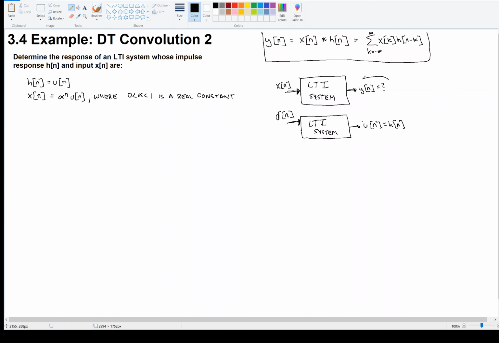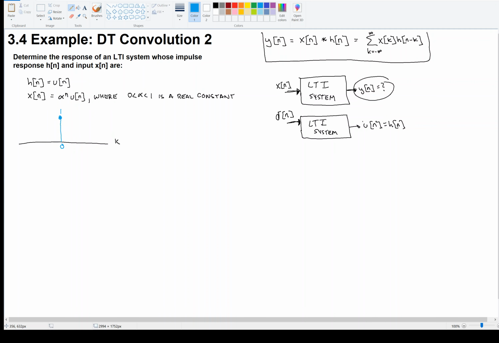Alpha here is a real constant between 0 and 1. As a constant between 0 and 1 goes to the kth power, it gets smaller and smaller, right? Think about 1/2 to the 1, 1/2 to the 2, 1/2 to the 3. So when k is 0, or when n is 0, I've got alpha to the 0, u of n. U of 0 is 1, so I've got a 1 at 0.